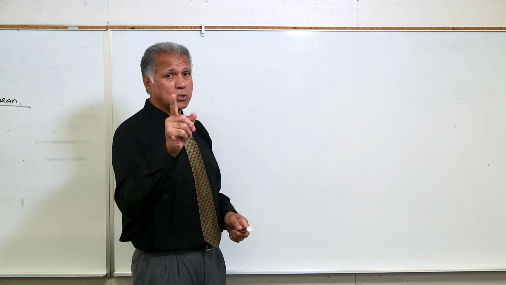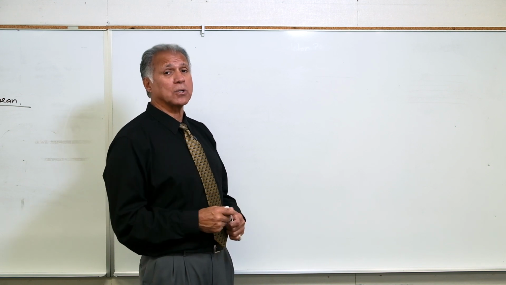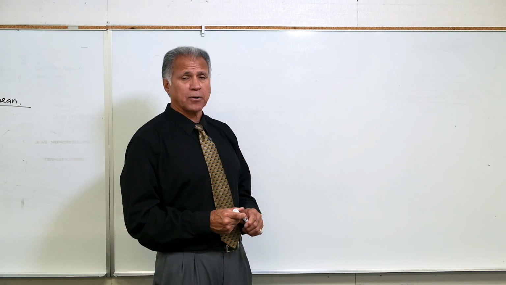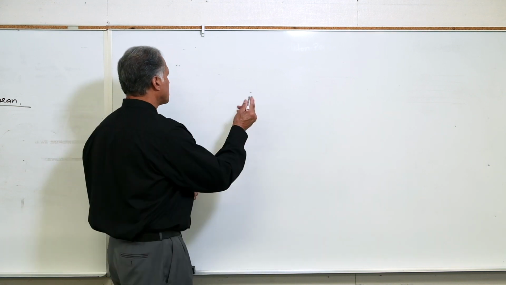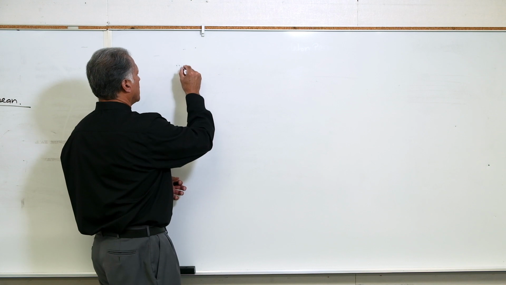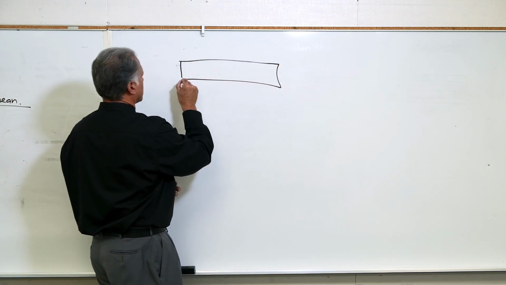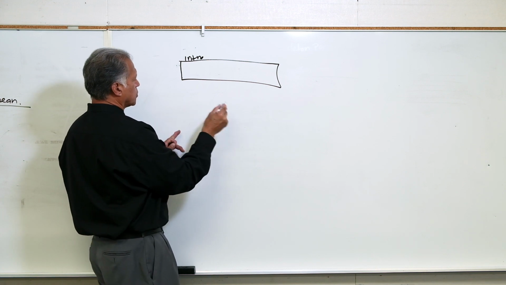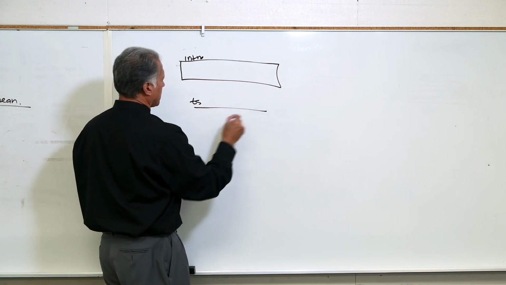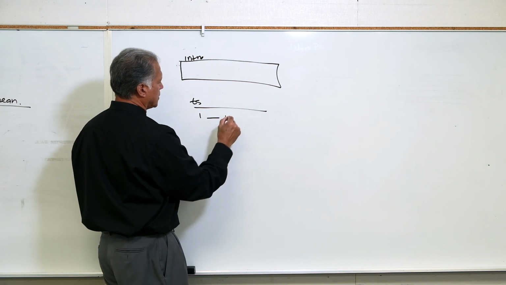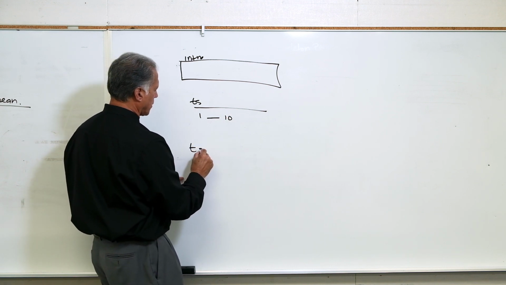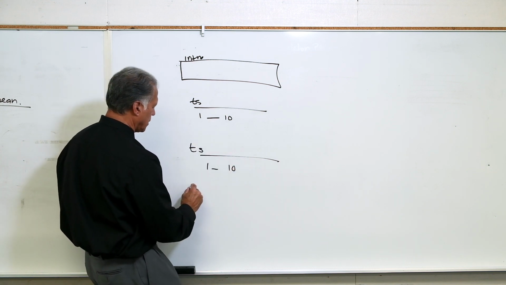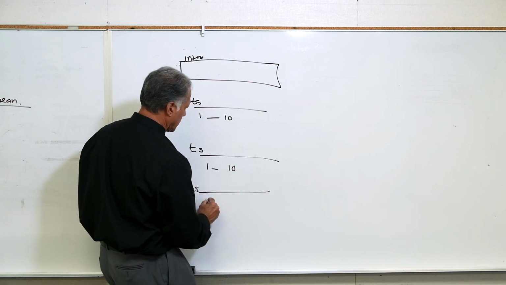So let me show you how you're going to use the topic sentences from your skeleton paragraphs to write your introduction. I'm going to draw the model here. Here's your introduction. Now, here's one of your skeleton paragraphs. That means topic sentence, and we have 1 through 10. Here's another skeleton paragraph. There's your topic sentence, 1 through 10. Those are your triggers. Another topic sentence, 1 through 10.